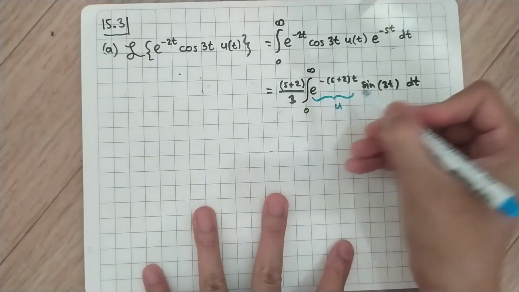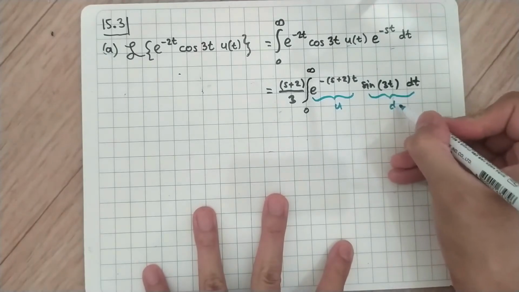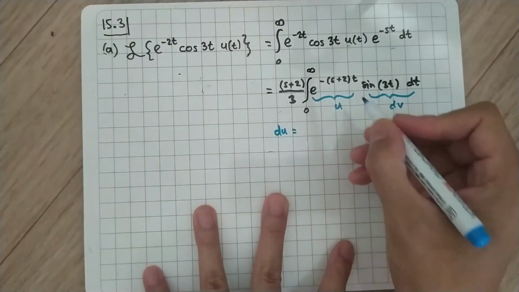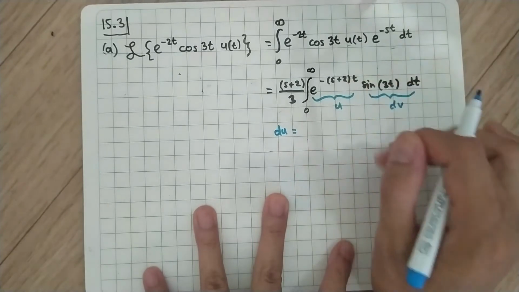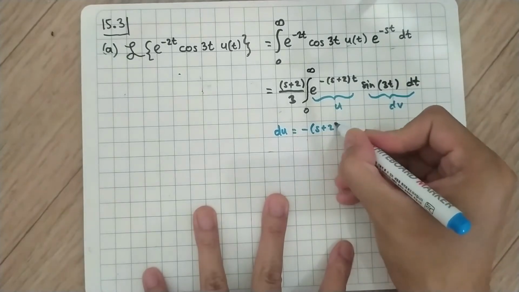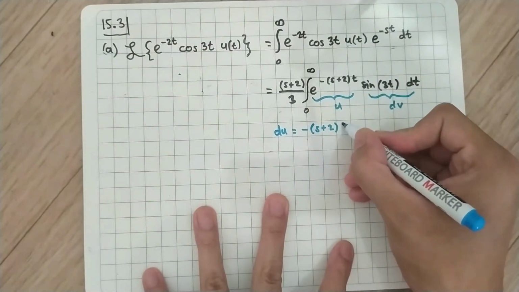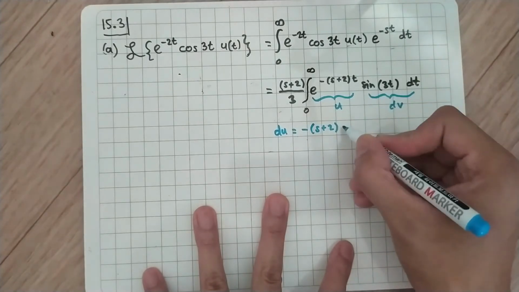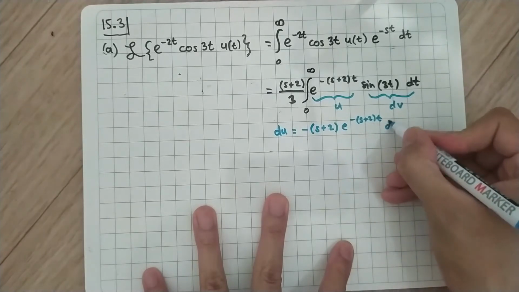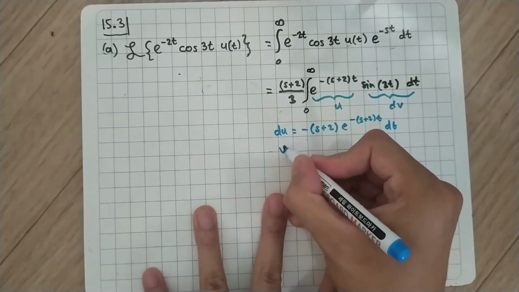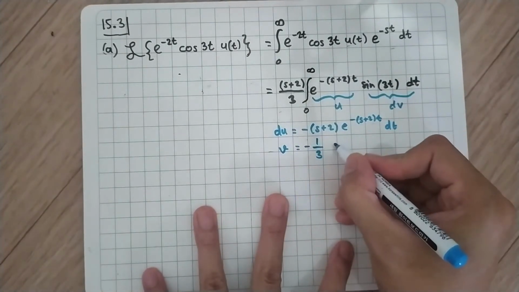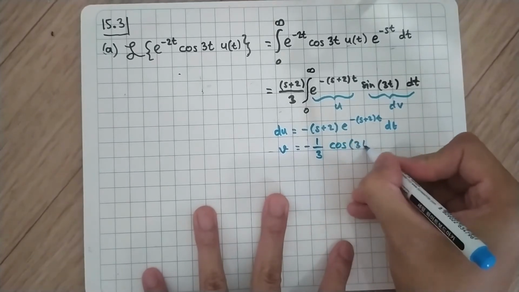Okay, now we have these integrals similar from before, and again we can use integration by parts. So this is our u and this is our dv. So what is our du? Our du is the derivative of this one, so it will be minus s plus 2 times t, times e to the minus s plus 2t dt, and v will be the integration of this one, which is minus 1/3 cosine of 3t.